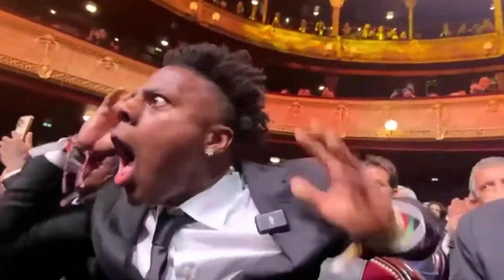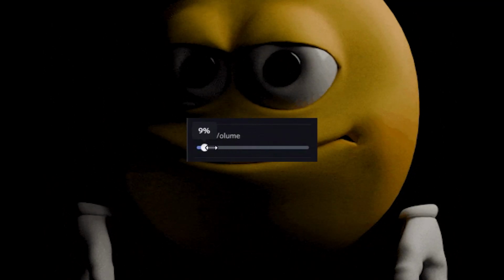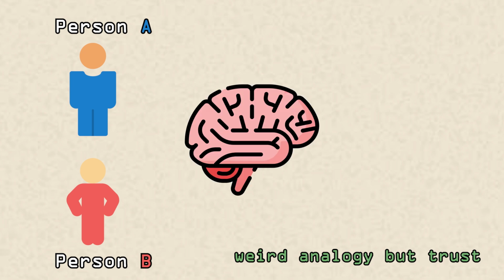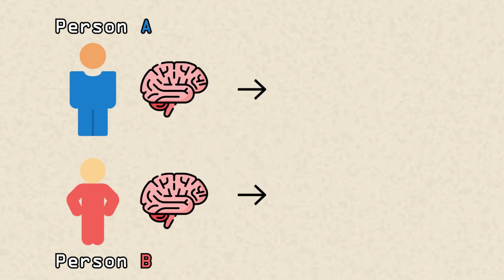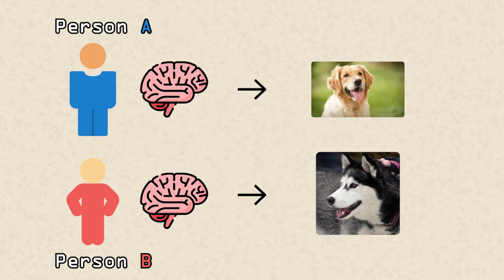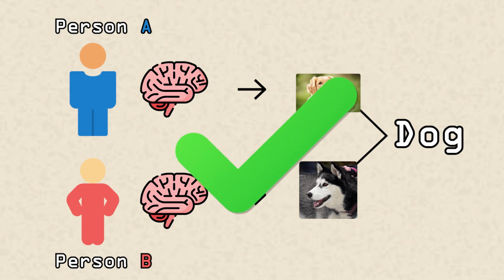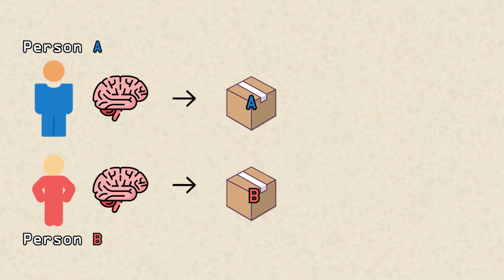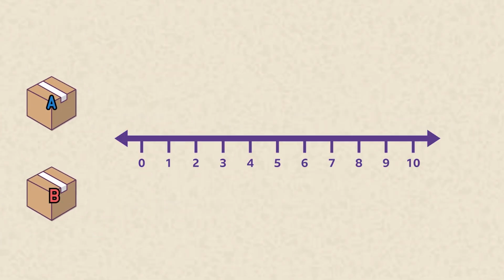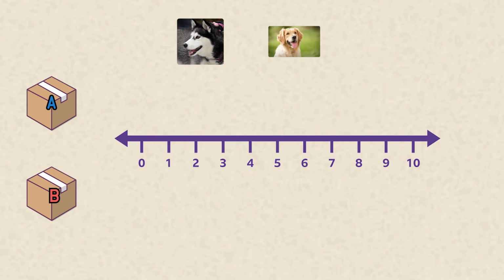How, you may ask? How did you manage to do something like this? Imagine you have 2 twins who also just happen to have the exact same brain. You give person A a picture of a dog, and then you give person B another picture of a dog, and you ask them both independently, what animal is this? The answer, of course, should be a dog, right? Now, imagine you also give them a box and ask them to place the boxes depending on how close the 2 pictures are in terms of dogness.